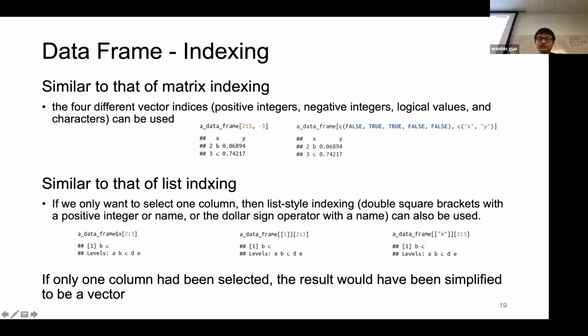We know that each variable in a data frame is of the same type. So if you only specify one column, selecting just one column, the result will no longer be a data frame but will be simplified to a vector.